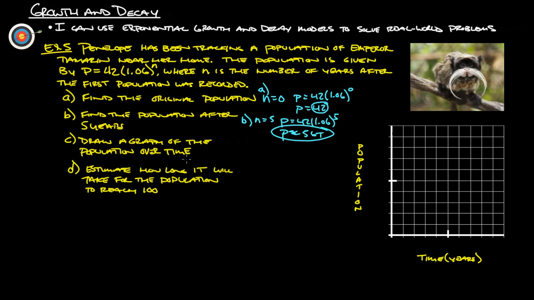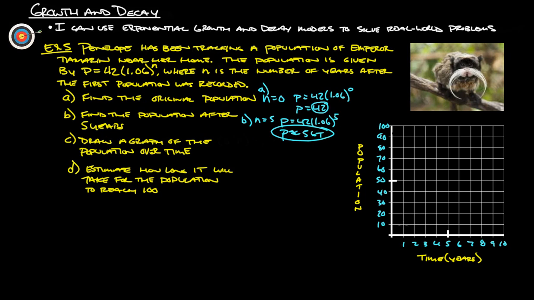Draw a graph of the population over time. So, nice part about this is we actually just created a couple of points, right? We know that when time is 0, we know that we're at 42. So let's maybe do these by tens, and we'll do this time in years by just singles, hoping that it'll work.